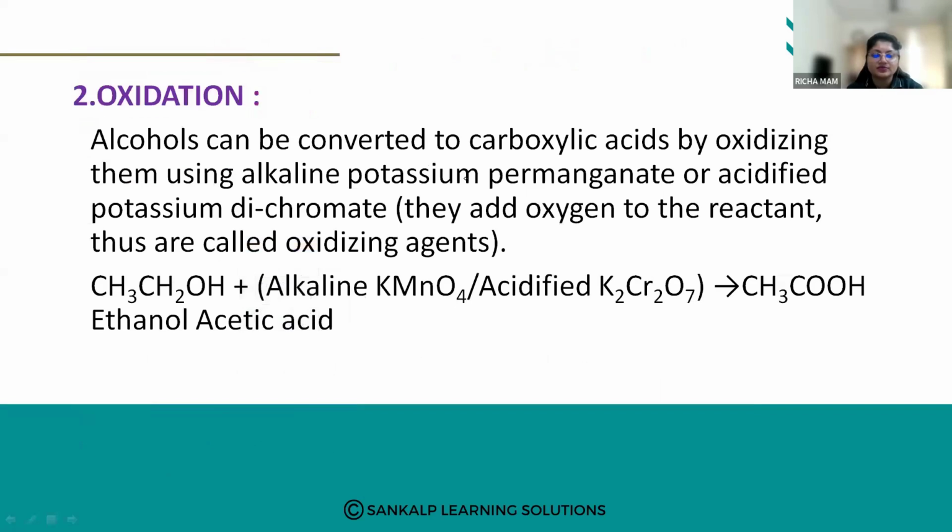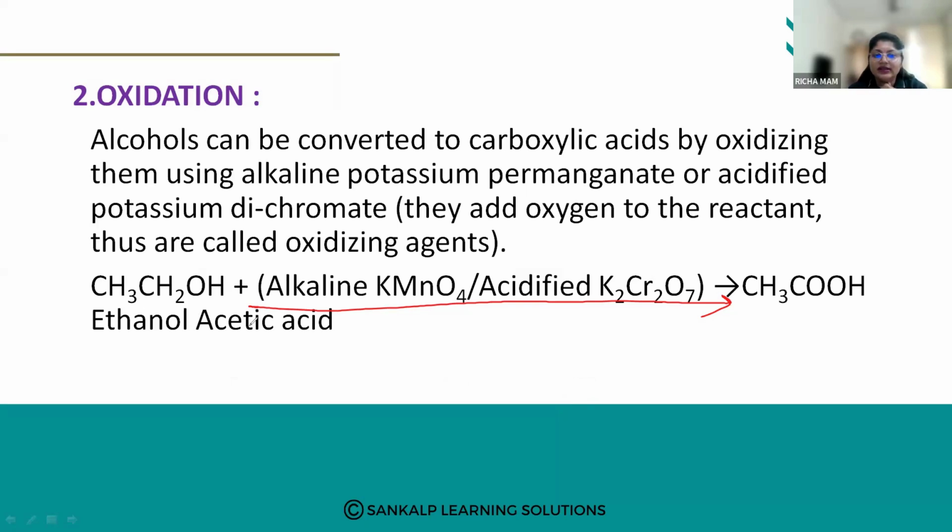Oxidation means what? Suppose I have an alcohol. I have taken here ethanol, CH3CH2OH. Alcohol in the presence of alkaline KMnO4 is oxidized. What is KMnO4, students? KMnO4 is potassium permanganate. K2Cr2O7 is potassium dichromate.